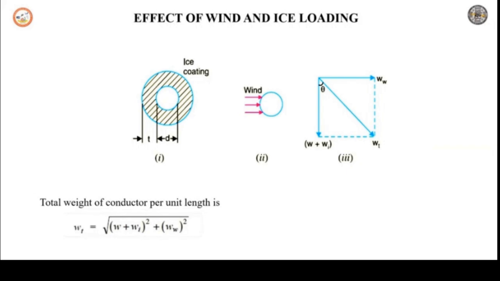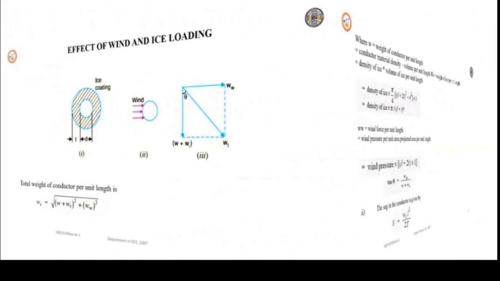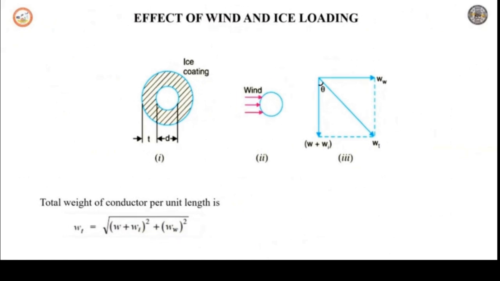Let me call that capital D. So D is nothing but d plus 2t. The area of the coated conductor is pi D square by 4. Applying these relations, I get the weight of the ice per unit length. This is the effect of ice.